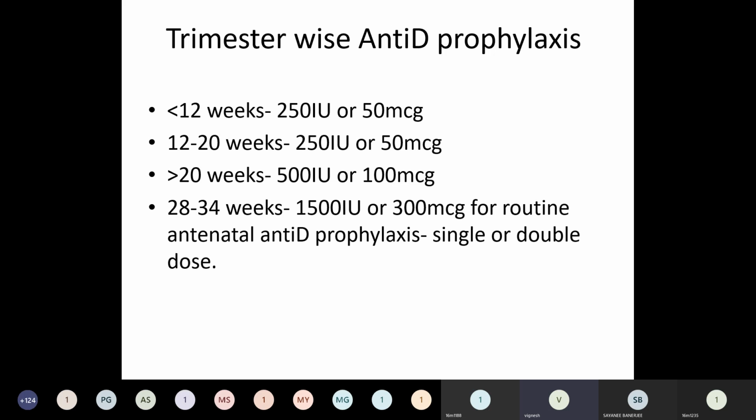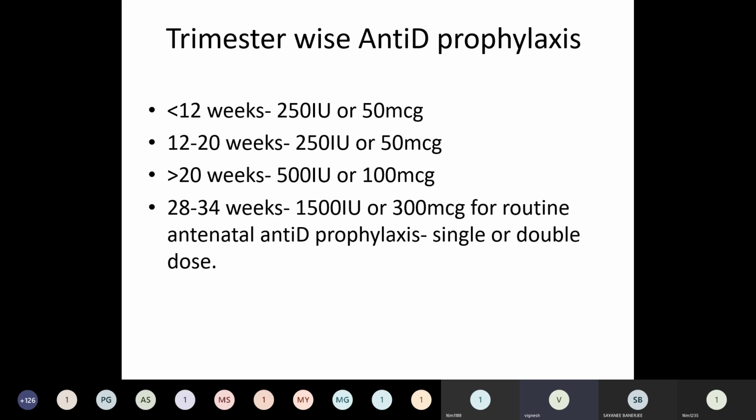So the Americans use the international units, the British use micrograms, and I think in India we use micrograms. Whichever way, you should know the correct dosage. If the event has occurred between 12 to 20 weeks, then you have to give 250 international units or again 50 micrograms. That is the early second trimester.